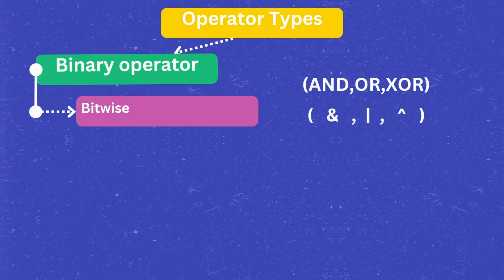Their representations are a single AND symbol, a single pipe symbol, and a single caret symbol. If you remember, we learned about logical AND and logical OR, where we use a double AND symbol and a double pipe symbol. But in bitwise operator, it is a single AND and a single pipe.